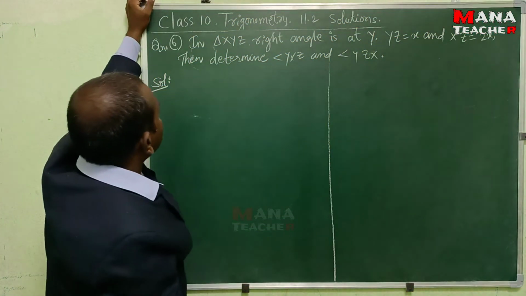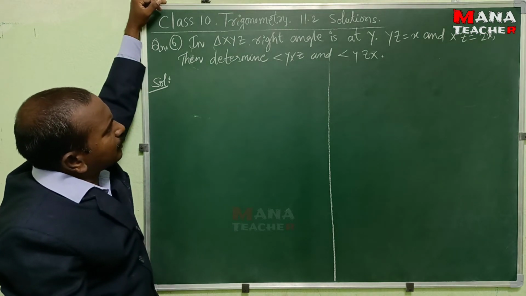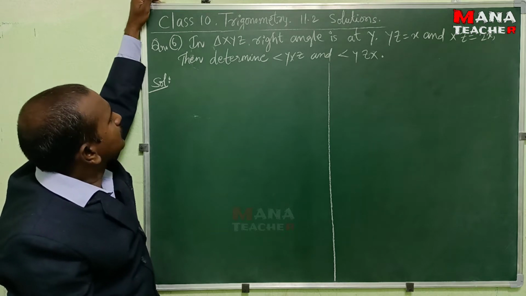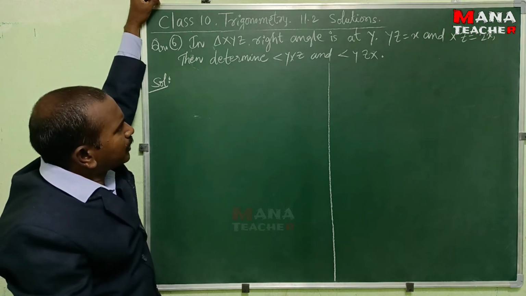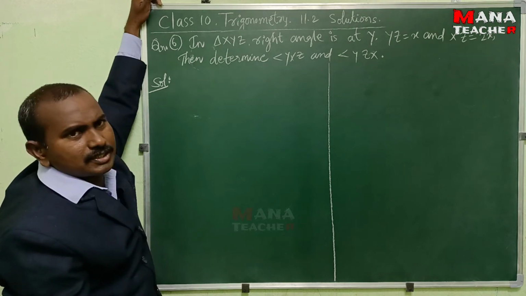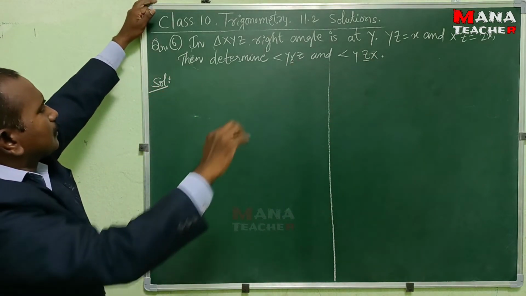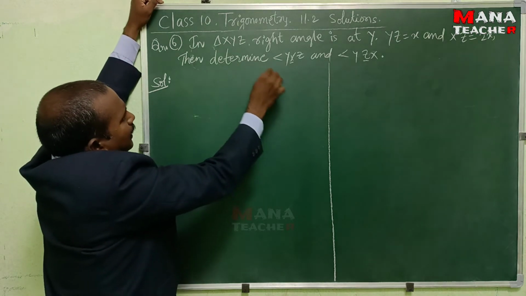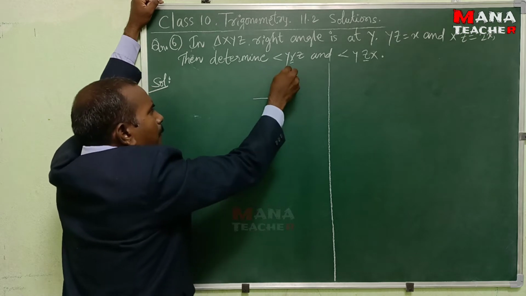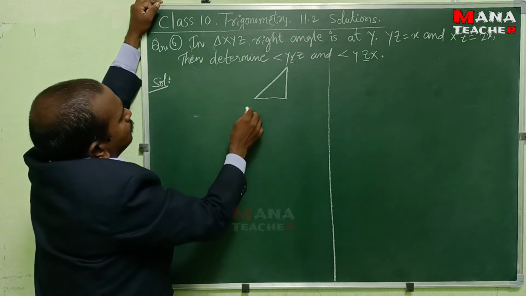Next, sixth problem. In triangle XYZ, right angle is at Y, YZ equals x and XZ equals 2x. Then determine angle YXZ and angle YZX. Now draw a right angle triangle XYZ.